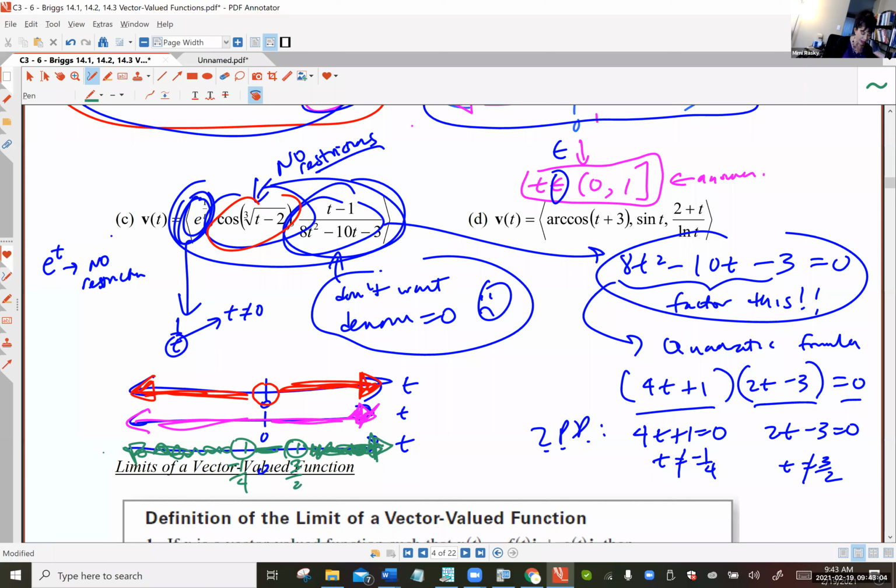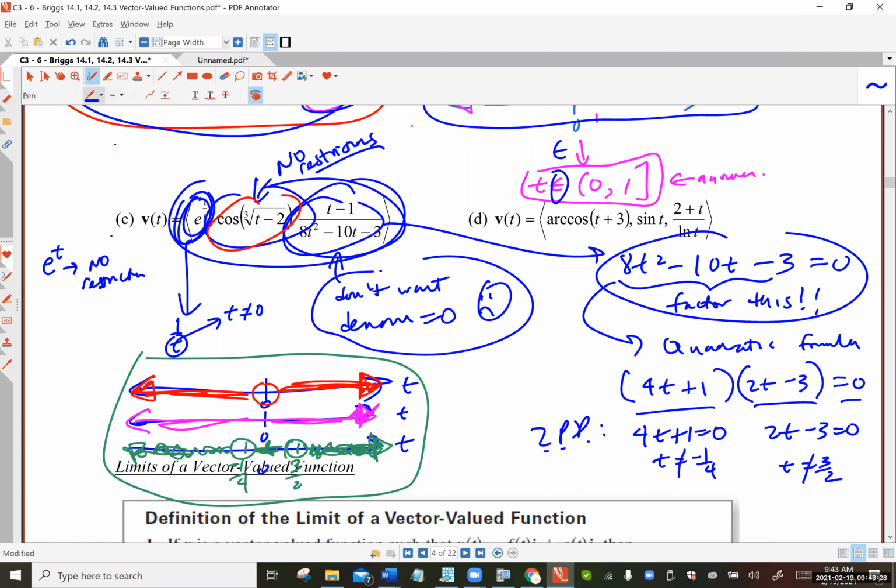Now, in your mind, can you imagine collapsing all 3 of these number lines into one number line? What values of t would be red, pink, and green at the same time? This is kind of hard. Is it -infinity to -1/4 with parentheses? Good.